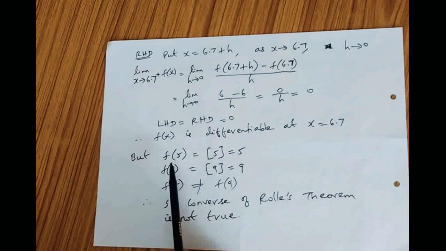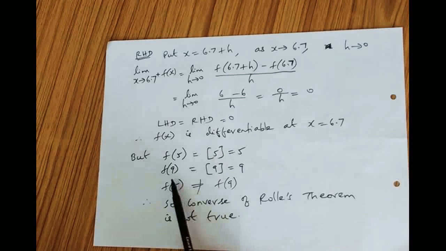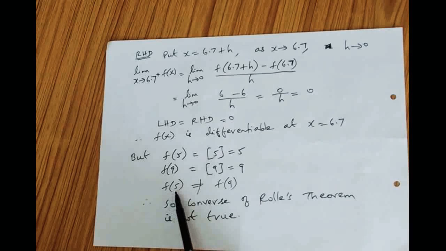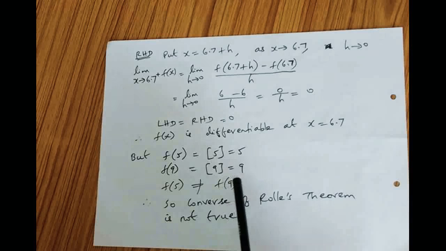But what is f of 5? The greatest integer of 5 is 5. What is f of 9? The greatest integer of 9 is 9. So f of 5 is not equal to f of 9. So what is the converse of Rolle's theorem? The converse states that if f of x is continuous, f of x is differentiable, and f dash of c exists, then f of a should be equal to f of b.